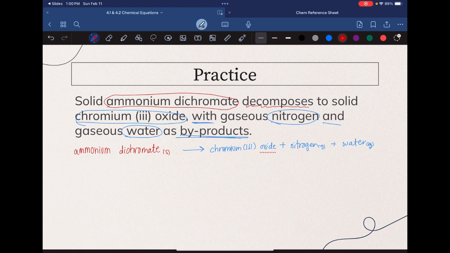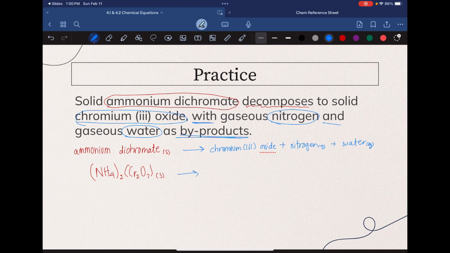So now we actually have to turn these into compounds. So if we're looking at ammonium dichromate, that was one of our warm-up problems. So we have (NH4)2Cr2O7, and that's a solid.